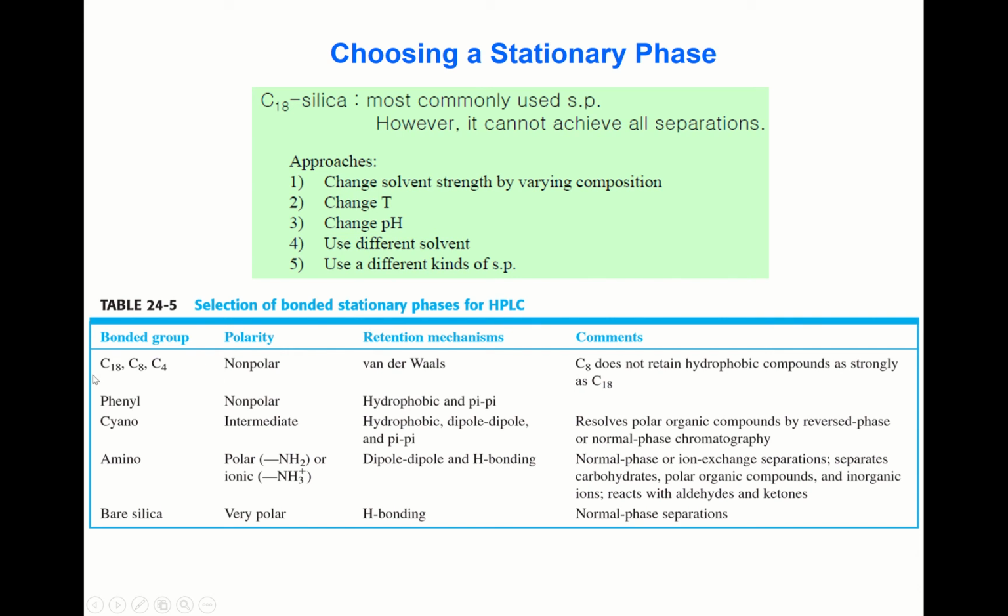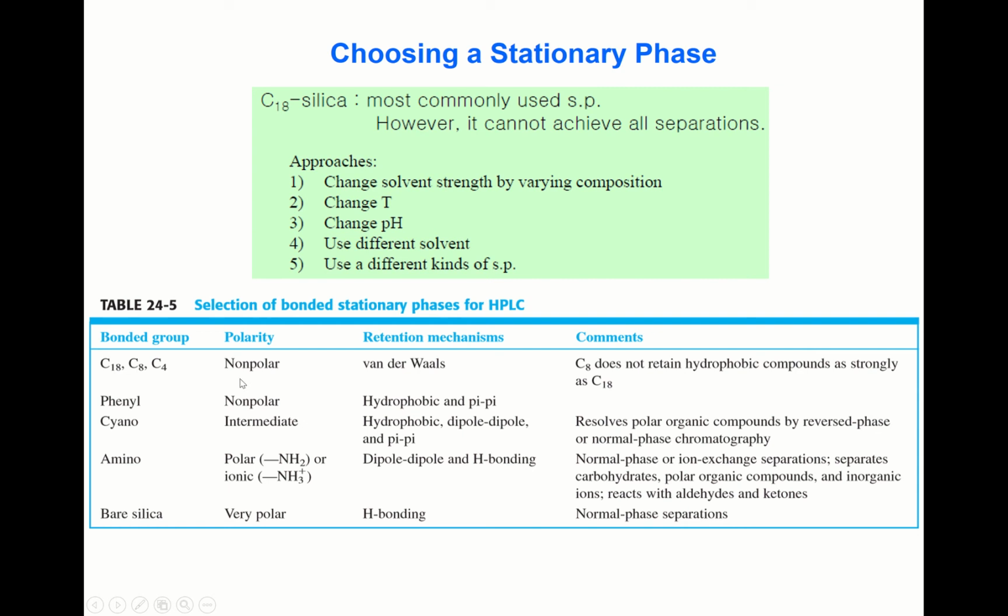Here, if the bonded phase is octadecyl, or octyl, or butyl group, that gives non-polar properties to the stationary phase. So the retention mechanism is van der Waals interaction, because they are all non-polar.